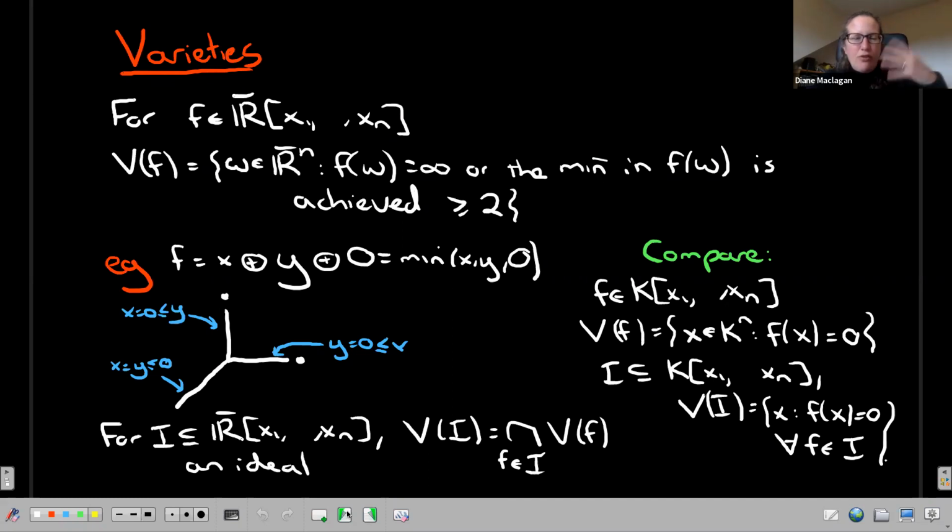To first approximation, I should ask you, what does an ideal look like in a normal polynomial ring? To first approximation, the answer is the same. But when you start to think about the algebra, they do play slightly different roles. I'm going to hide that slightly for this talk, but it is very related, and I'm happy to chat about it later.